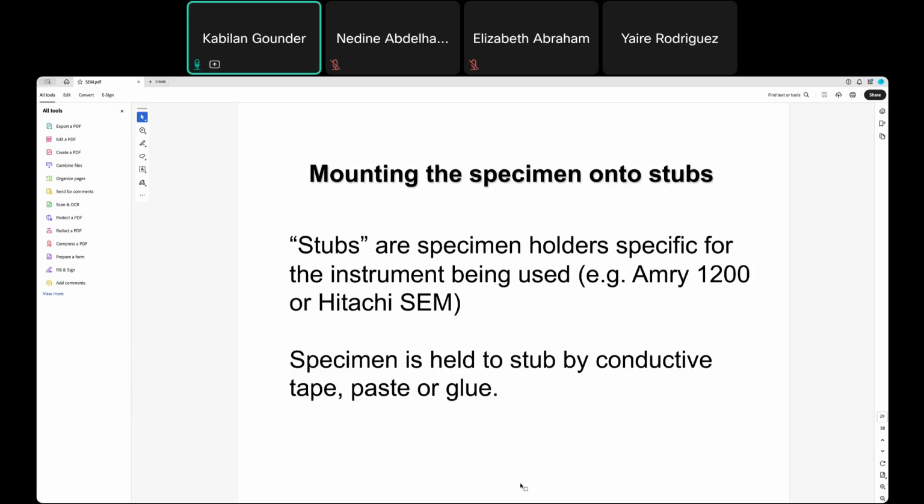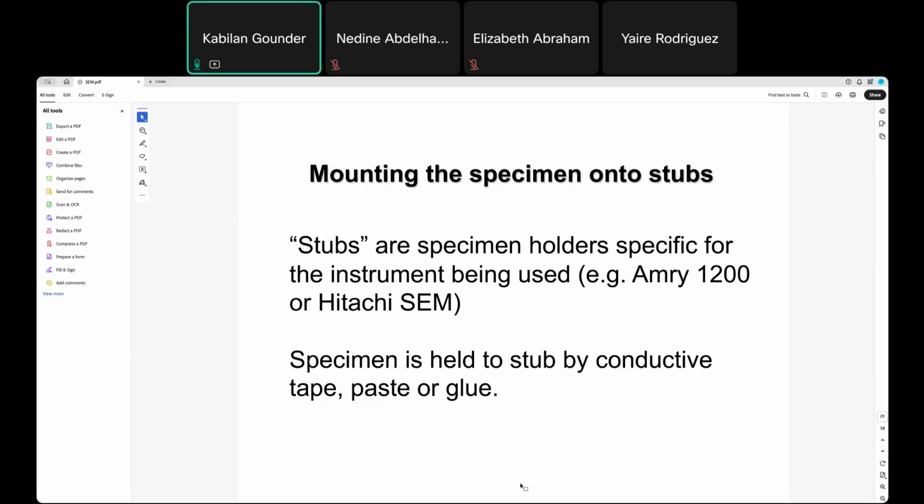The step just ahead of this is mounting the specimen onto the stub. You remember that in light microscopy, after you take sections, you transfer the samples onto the glass slide, and the slide holds your sample.